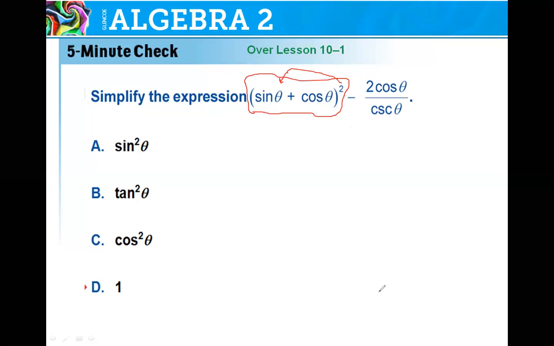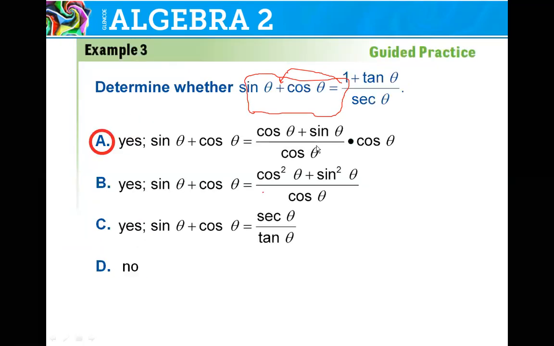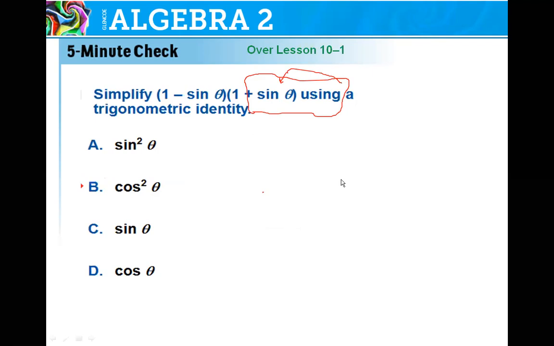If we go back to the previous problem, here we have two brackets. The two brackets are the same but different sign. So we get the result as 1 squared minus sine squared. It means the first number power 2 minus the second number power 2.